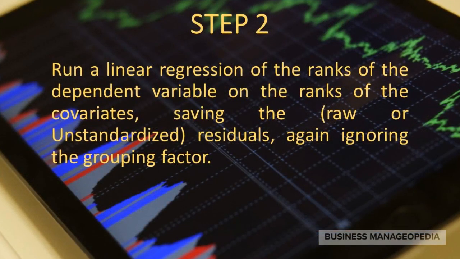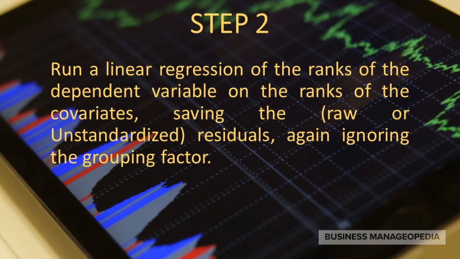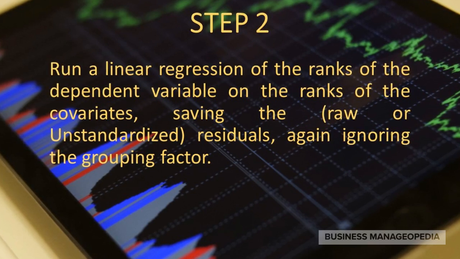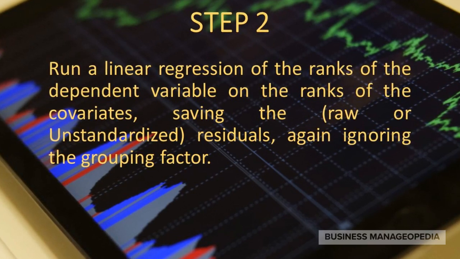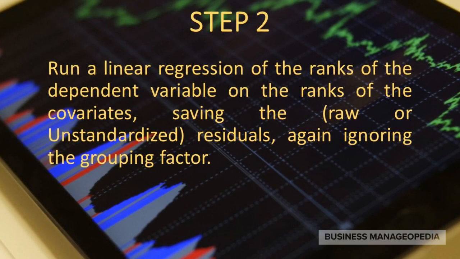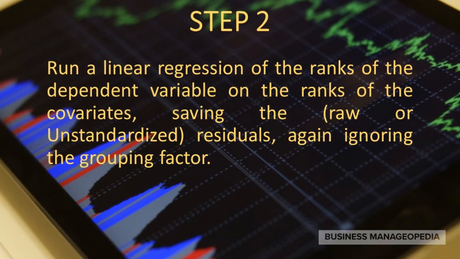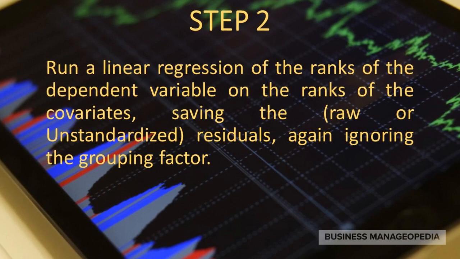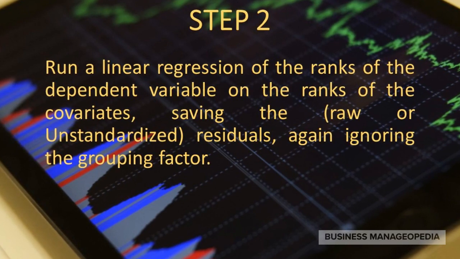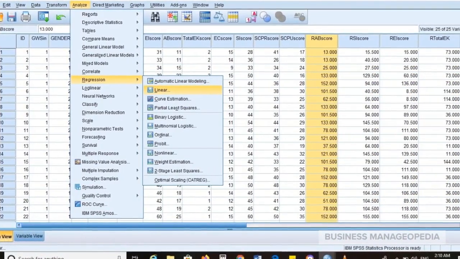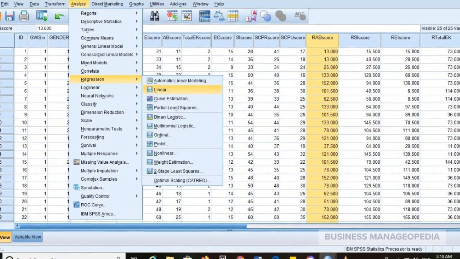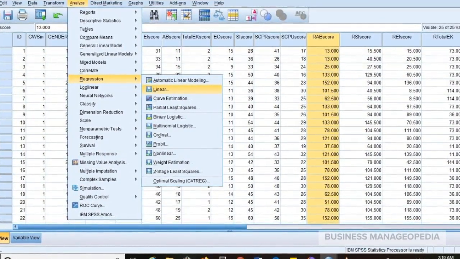Now in step 2, we will run a linear regression of the ranks of the dependent variable on the ranks of covariates, and in this step we will also save the raw or unstandardized residuals and ignore the grouping factor or the independent variable. Okay, so beginning with step 2, we will go to SPSS.